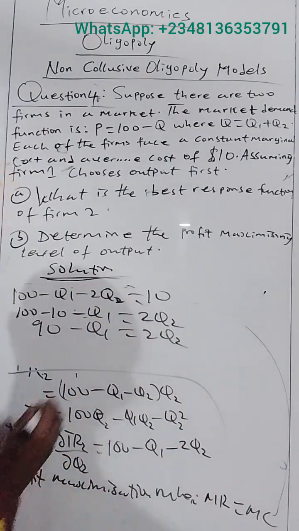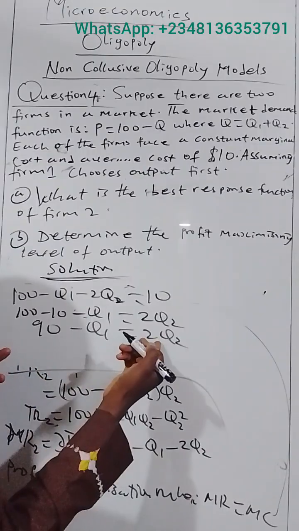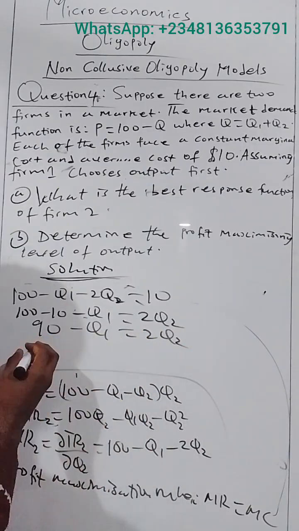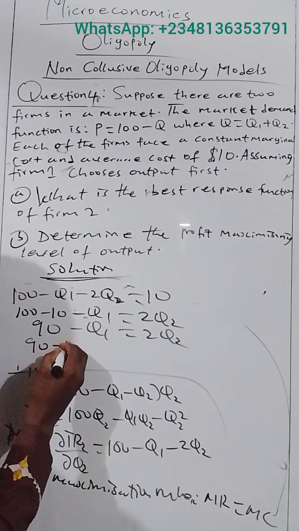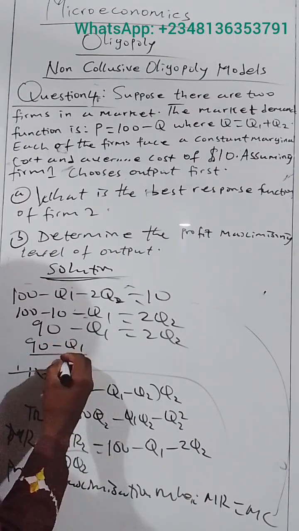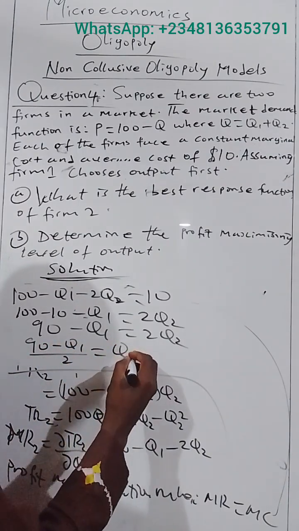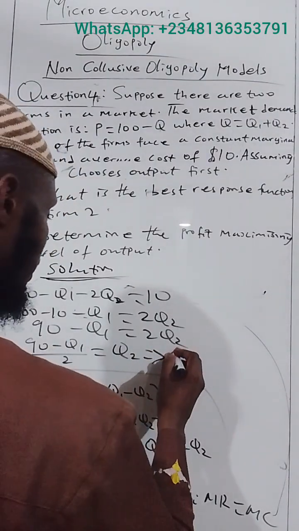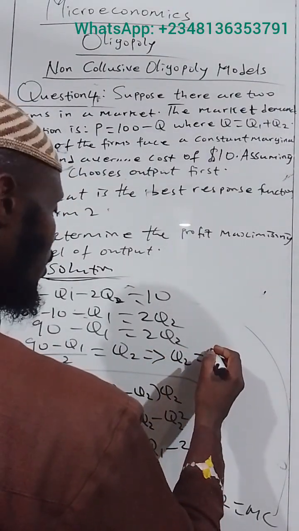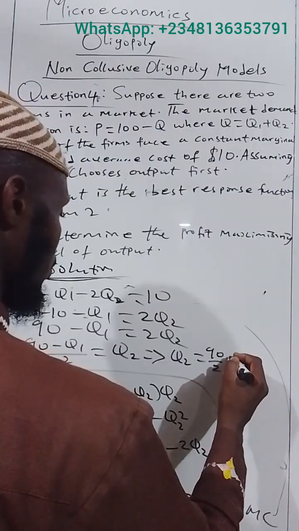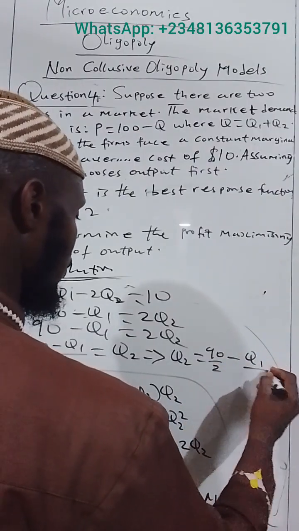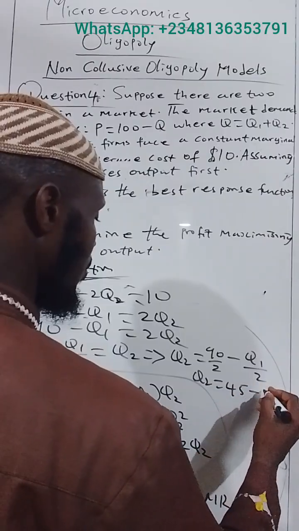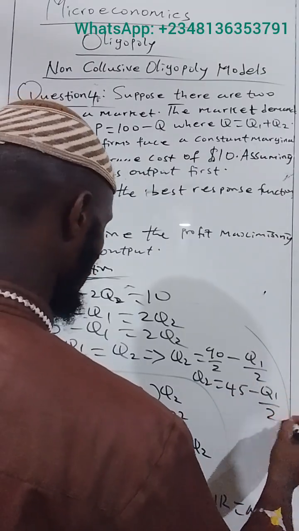Then we divide both sides by 2 to make Q2 the subject, so 90 minus Q1 over 2 equals Q2. This can be rewritten as Q2 equals 90 over 2 minus Q1 over 2, so Q2 equals 45 minus Q1 over 2.